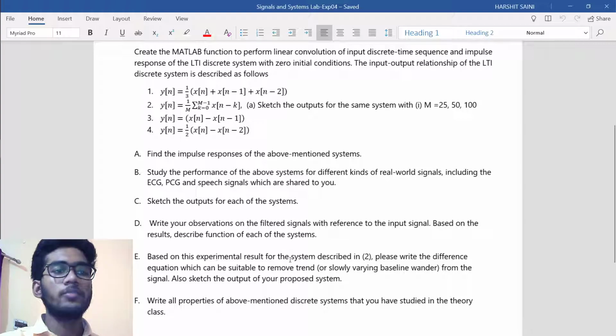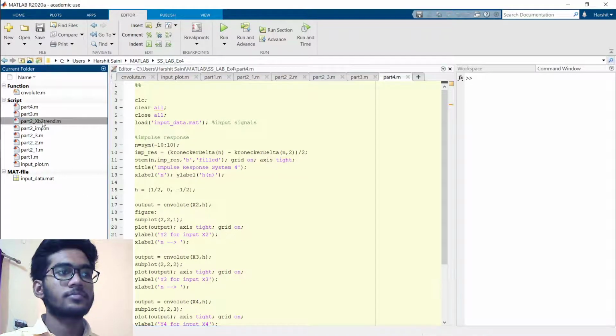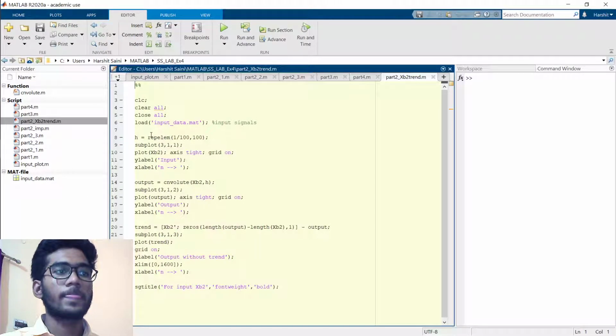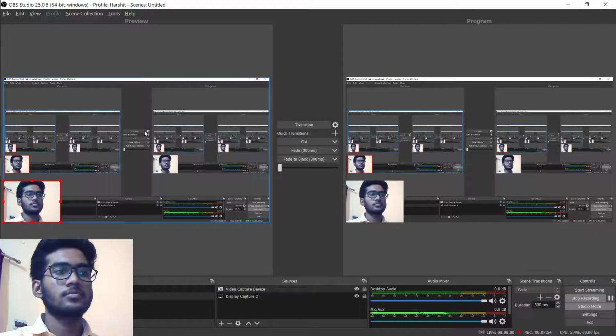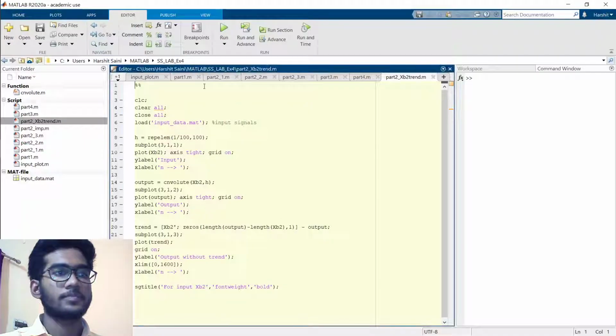Now we will remove the trend from our signal. Coming to the code for that, yeah, this is the code for that. Here it is for system 2, and the code is here.